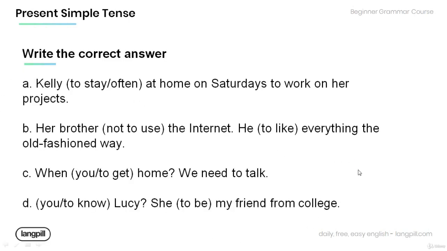Now read the following sentences and write the correct answer. A. Kelly to stay or often at home on Saturdays to work on her projects. B. Her brother not to use the internet, he to like everything the old-fashioned way.